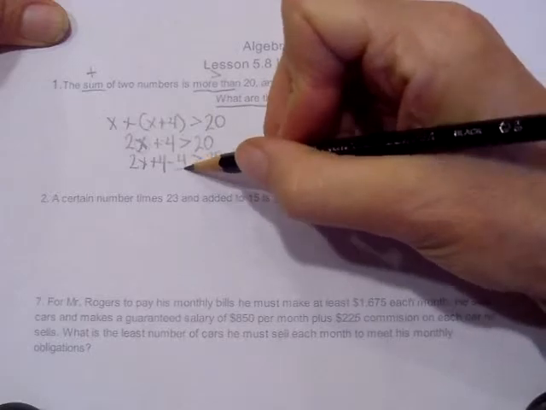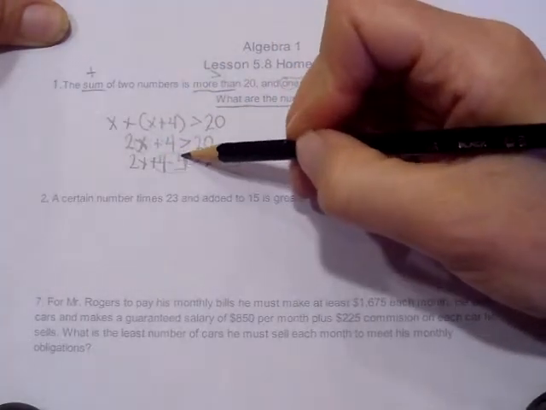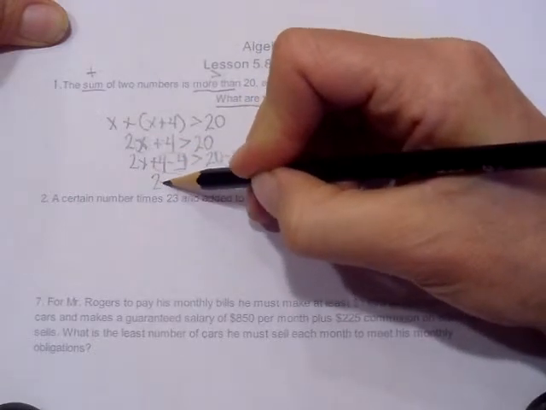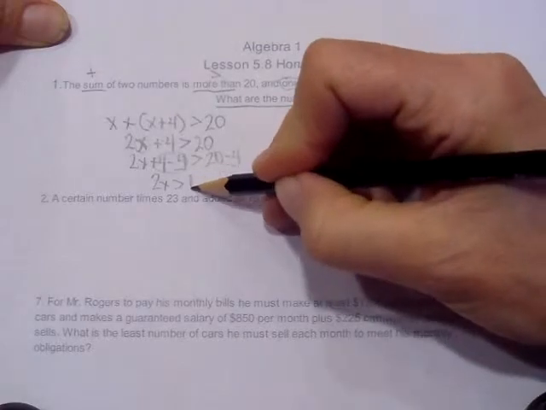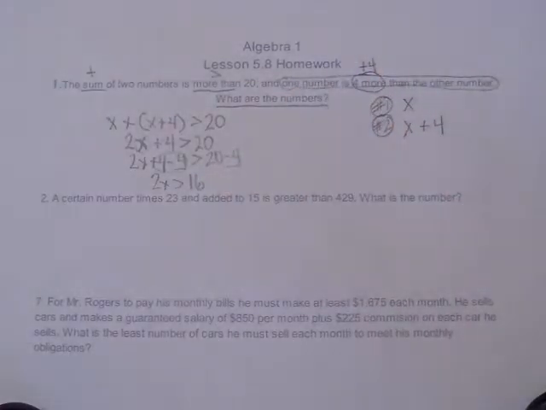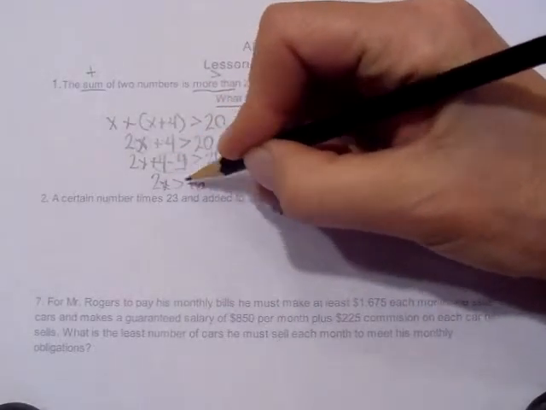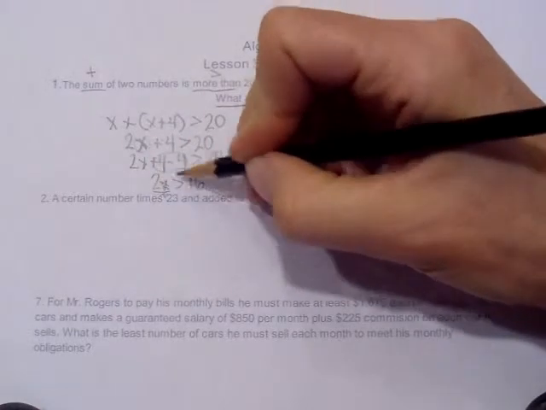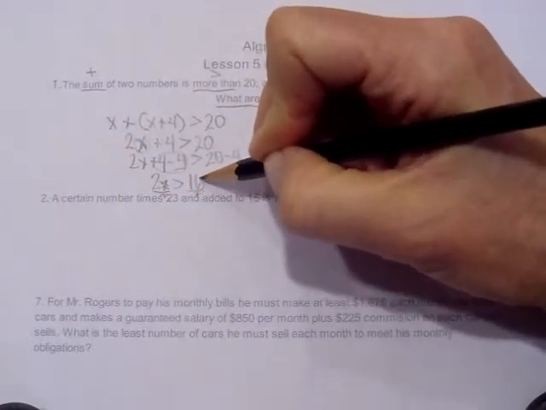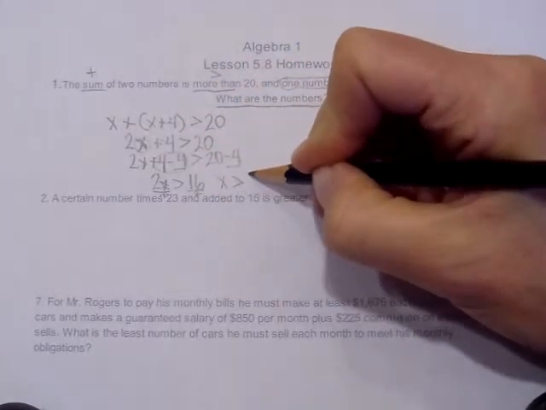So we've just taken 4 away from both sides, which leaves us here with 0, and means that we just have 2x is greater than 16. Now, in order to isolate x here, we will have to divide both sides by 2, giving us 1 here. Divide 16 by 2, that will give us 8. So we're left with x is greater than 8.